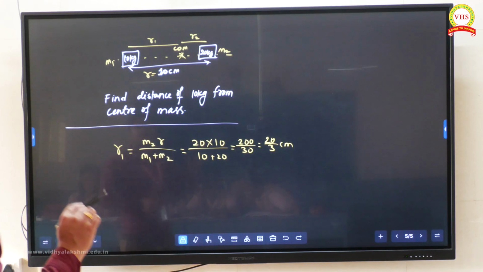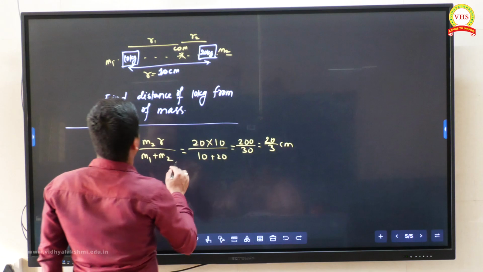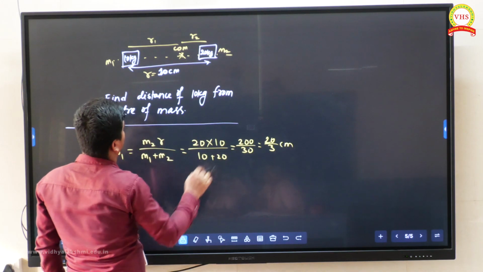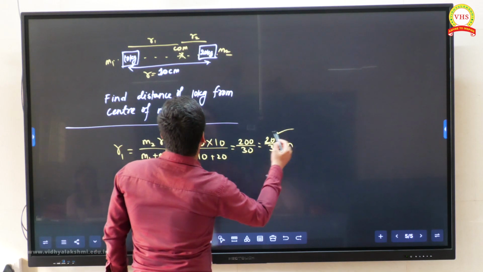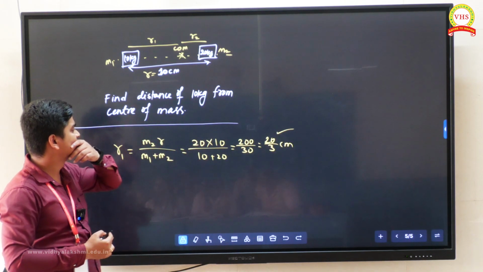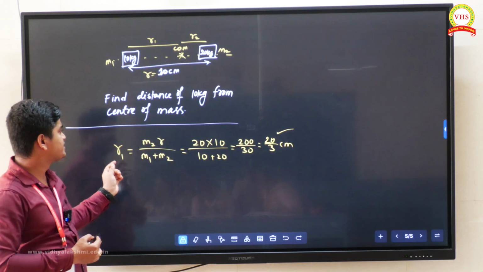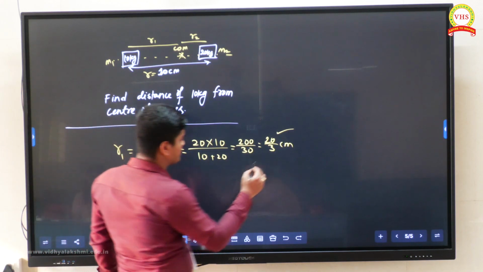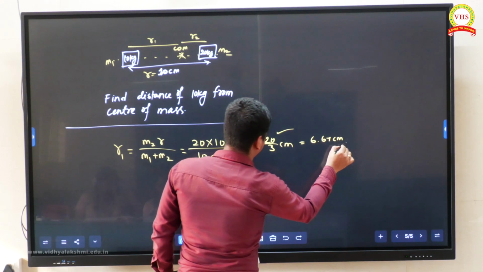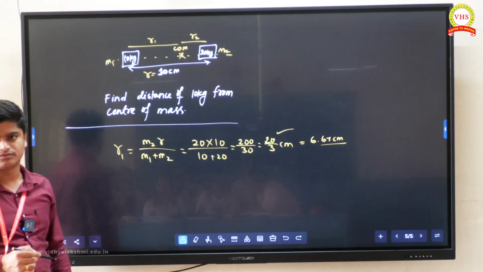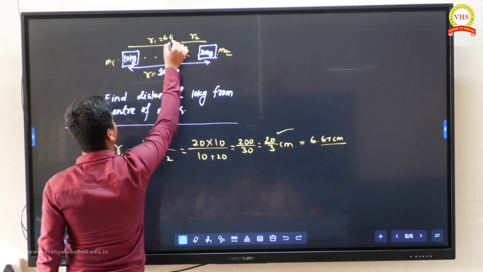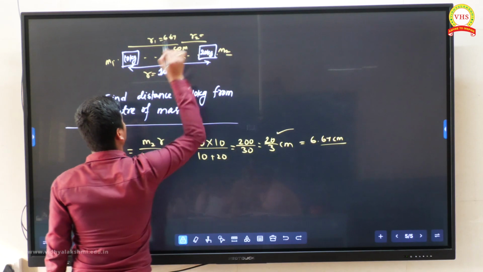I think you did R1 correctly. The distance is 10 centimeter. Okay, so now check here. R1 value, how much is coming? 20 by 3 means how much is it? 6.67 centimeter around. Now if this one is 6.67 centimeter, what is this one, R2?